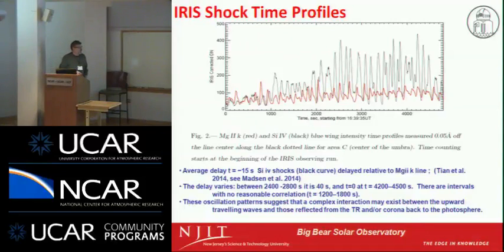Sometimes it's much longer, about 40 seconds, and at some periods there is no real correspondence, although in general there is propagation of waves from the photosphere up through the chromosphere to the transition region. However, there is something else, which could be, for example, reflection of the waves from the transition region back, and that pattern could be the result of that interaction.